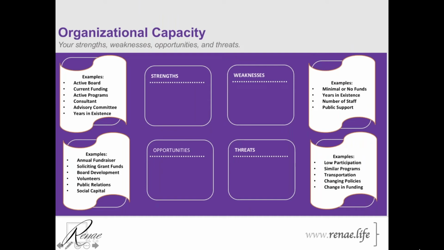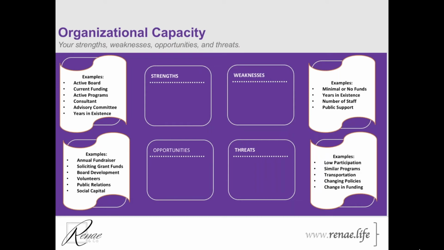The next component we will talk about is the organizational capacity. This is that SWOT analysis where you talk about your strengths, weaknesses, opportunities, and threats. What I've done here is I have created a little exercise for you to go through and find out what those strengths and weaknesses are for your organization.